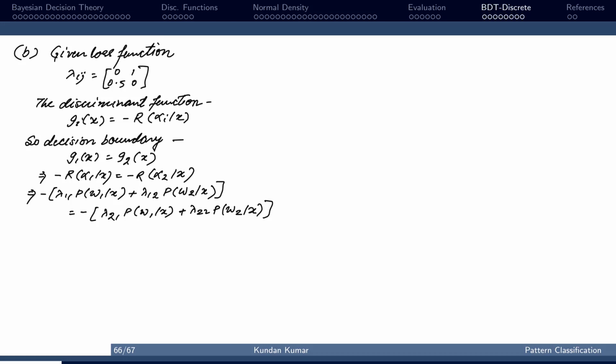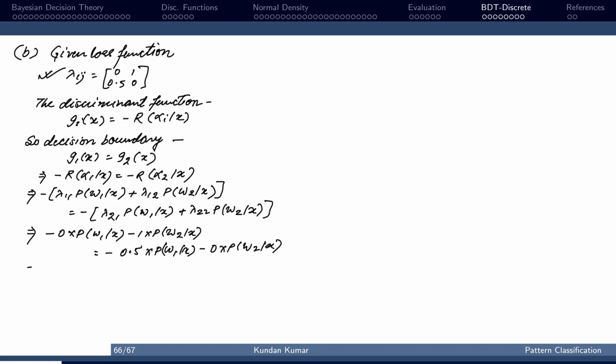Now we can put the values of the loss function in this equation, and we will get minus 0 into P(omega 1 given x) minus 1 into P(omega 2 given x) equal to minus 0.5 into P(omega 1 given x) minus 0 into P(omega 2 given x).